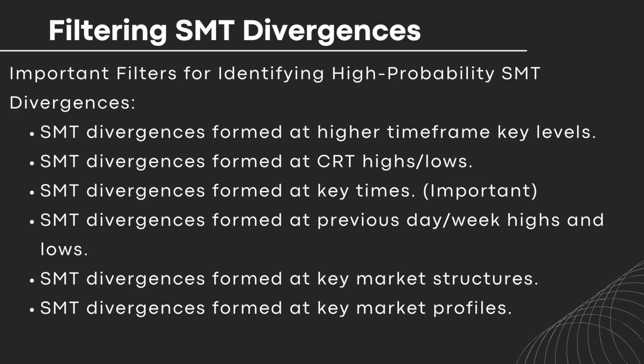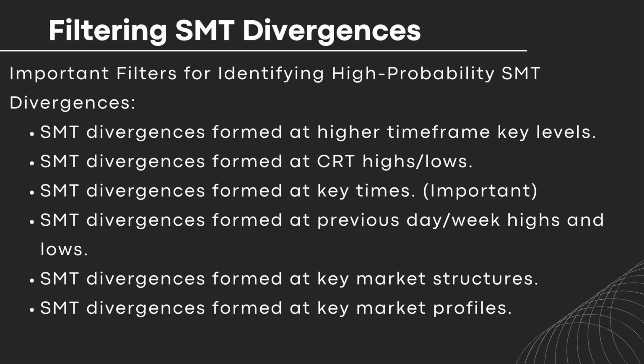And if you can then match it with a CRT there, then the probability increases even more, right? You can see that you're going to be using it like this in a logical framework, right? Following proper sound logic. Manipulation profiles and reversal profiles are high probability market profiles for SMT to be formed and produced at, right?